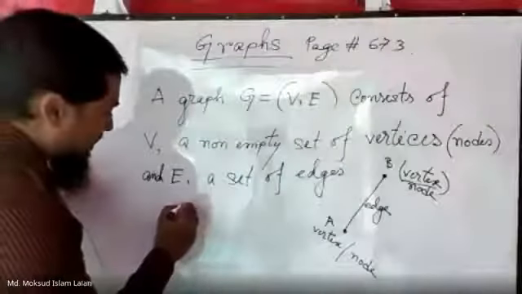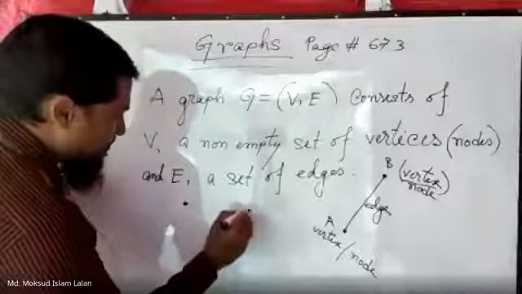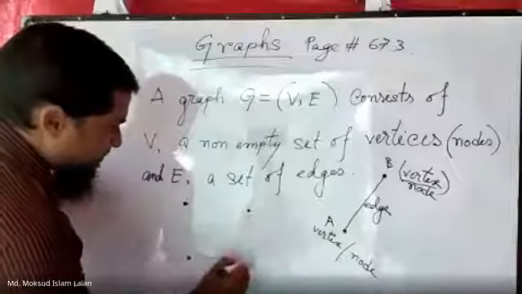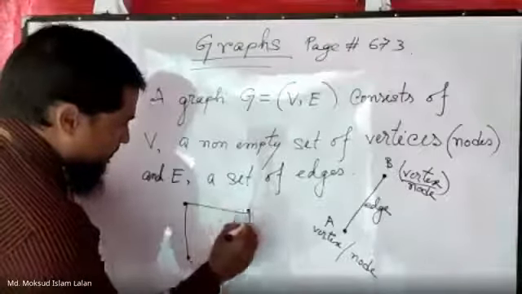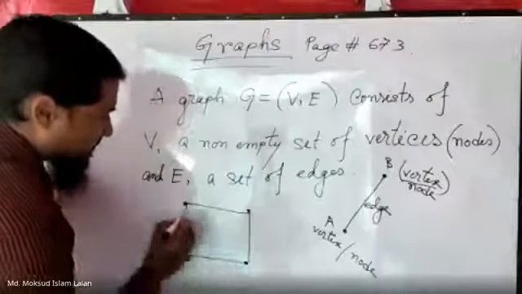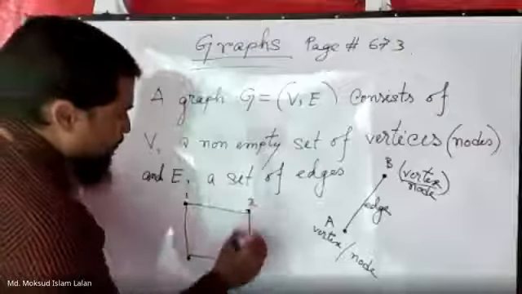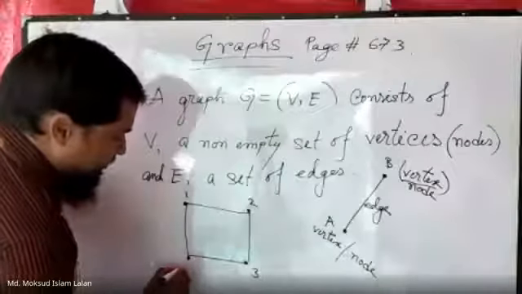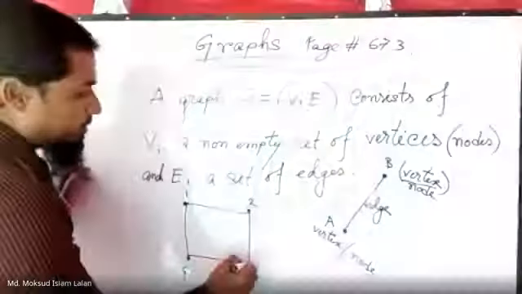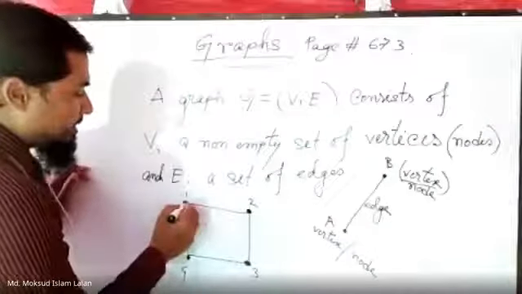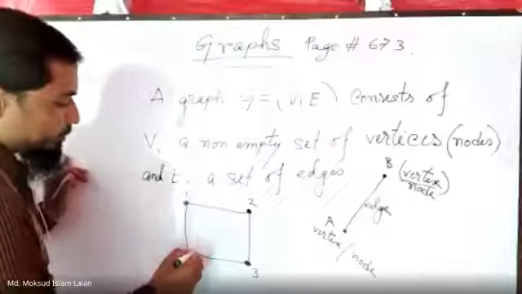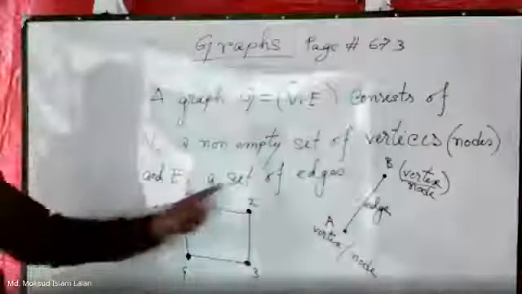If you consider another example: edges 1, 2, 3 and vertices 2, 3, 4. How many edges are here and how many vertices? There are 4 vertices.